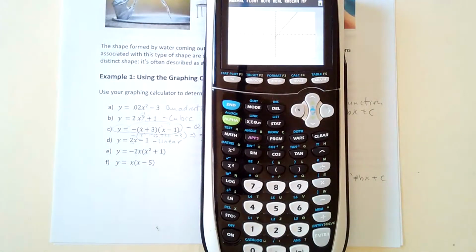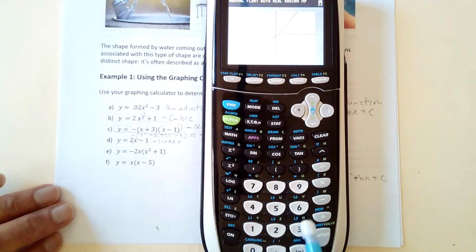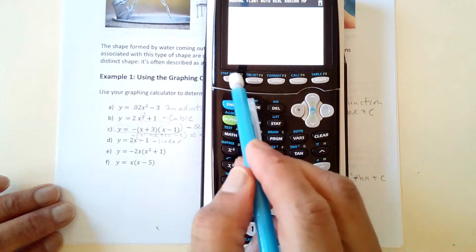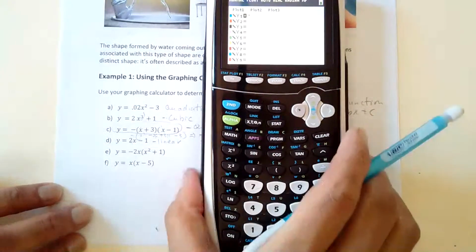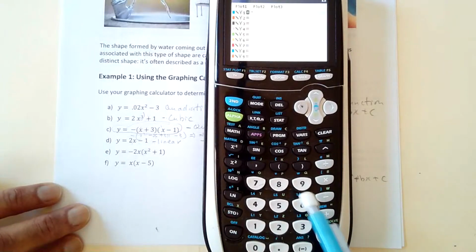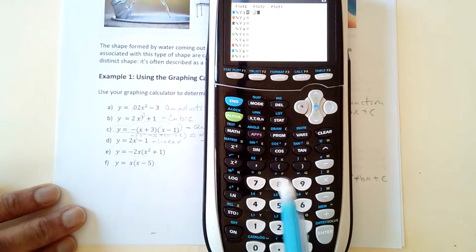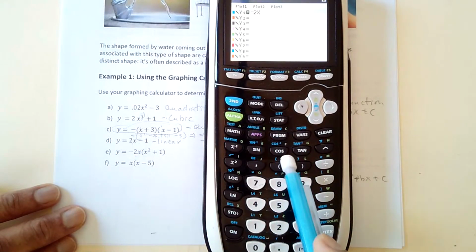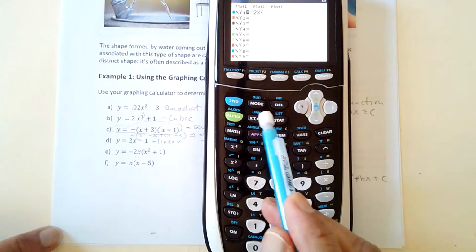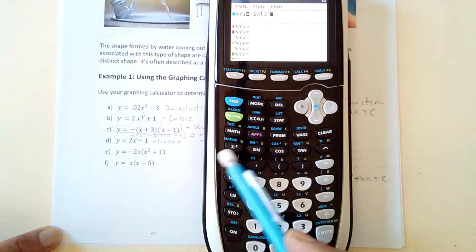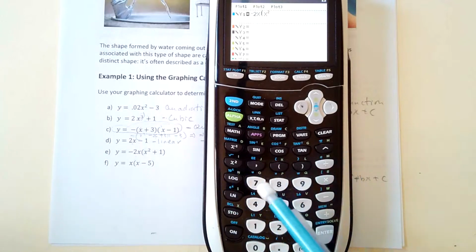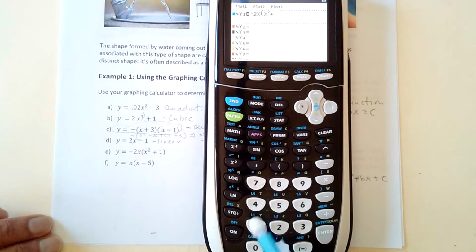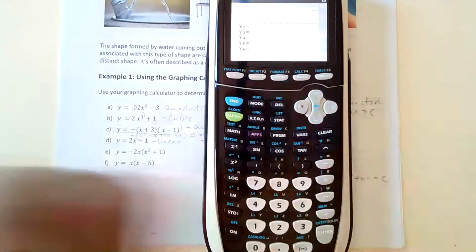The next one, let's try that one. And by the way, you can do the same thing in Desmos. First of all, I need to go back to my y equal button and clear that. Negative 2x, open bracket, x squared. Use the shortcut whenever it's to the power 2 here. Plus 1 and graph.